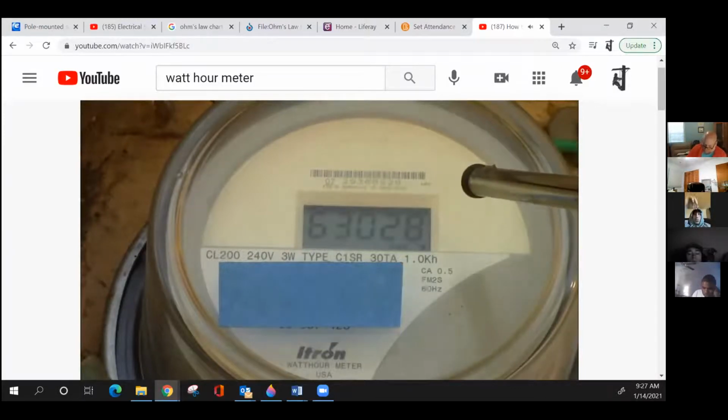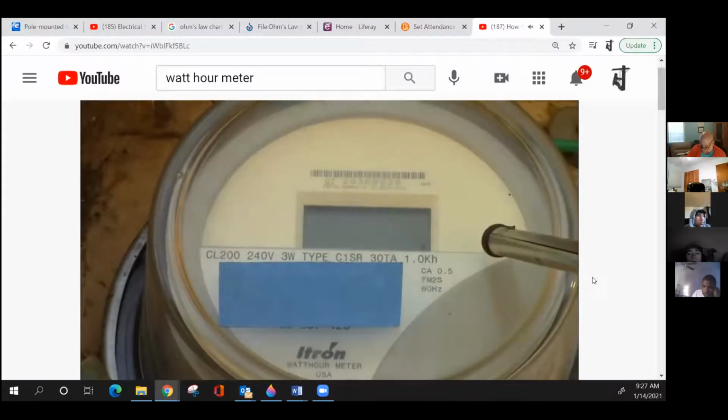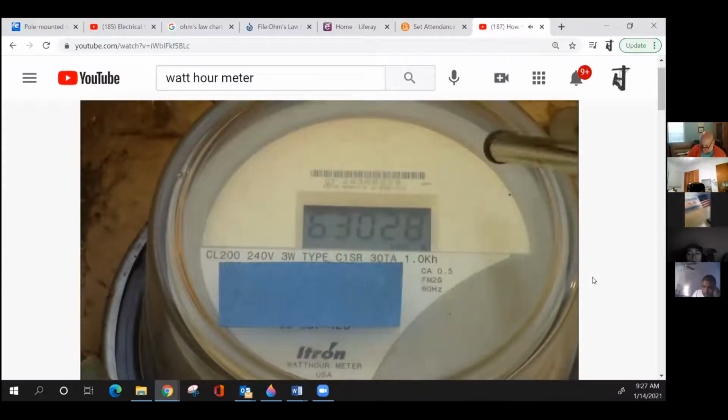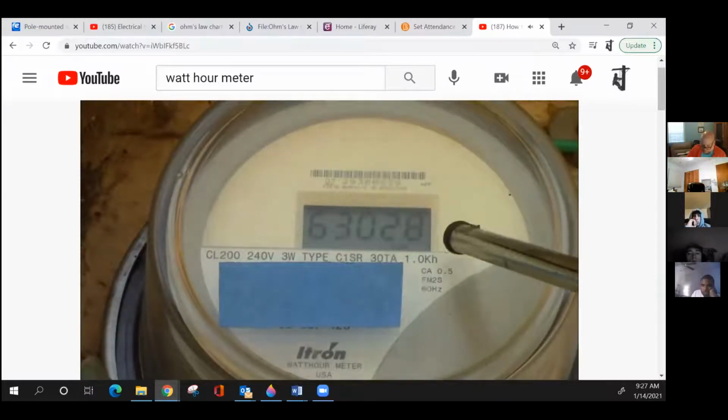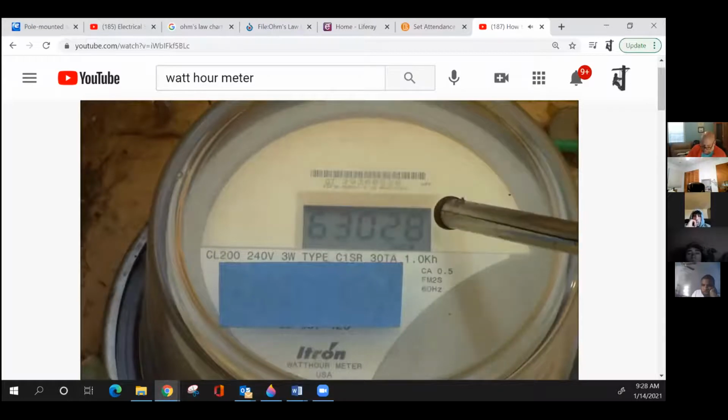So they come on, 1 dot, 2 dots, 3 dots moving to the right, and then the left dot will turn off, the middle dot turns off, and the right dot turns off. So that's a total of 6 watt hours. And what you can do, if you want to see how many watts you're using at the current time, is count how many flashes on the display you get for 1 dot to either come on or go off.